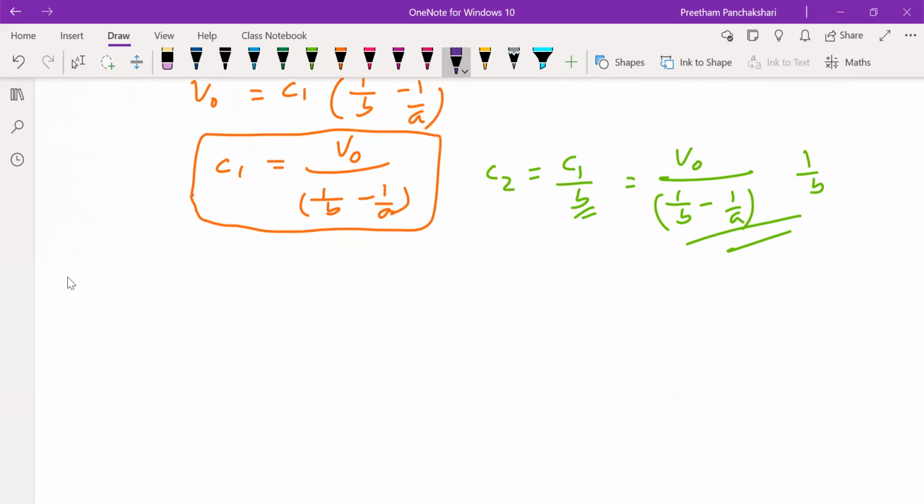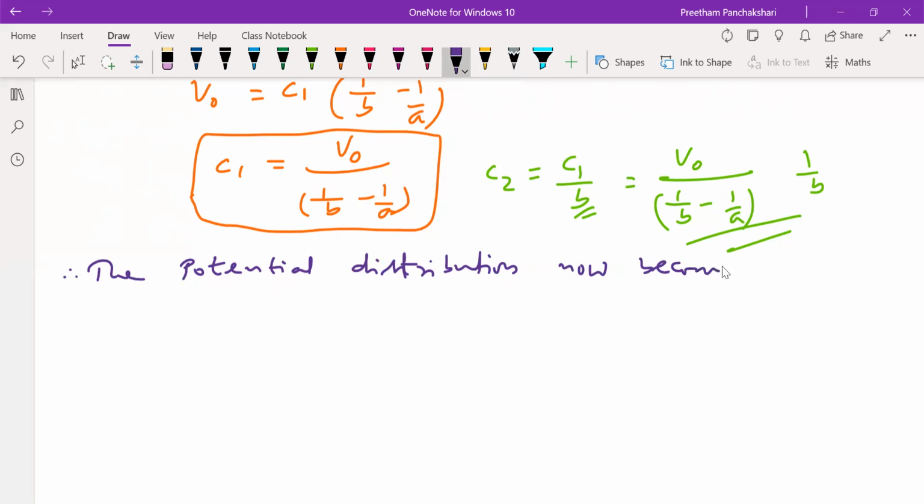equation of potential distribution. Therefore, the potential distribution now becomes V equal to, in the equation, C1 into minus 1 by R plus C2.